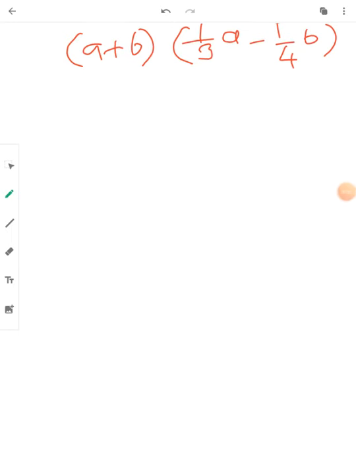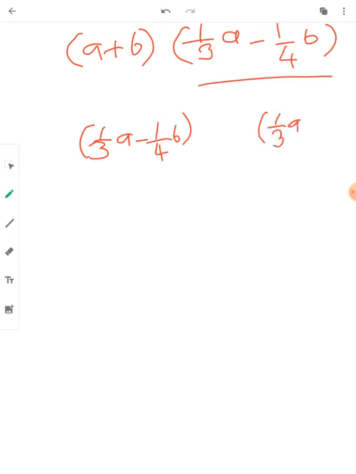Okay, so write this one twice. 1/3 a minus 1/4 b. 1/3 a minus 1/4 b. So multiply by a. Without changing the sign, write it by b.